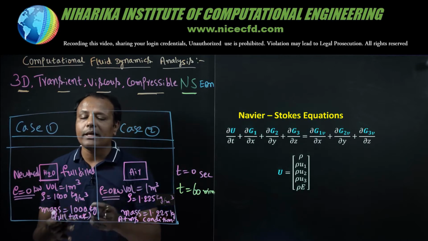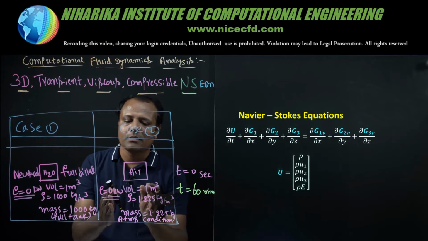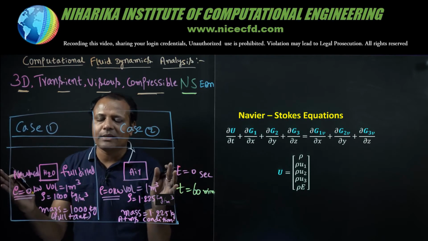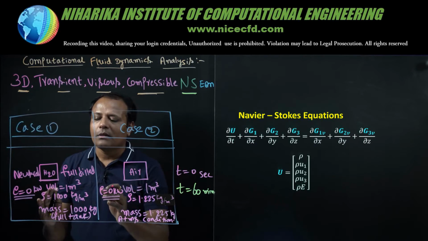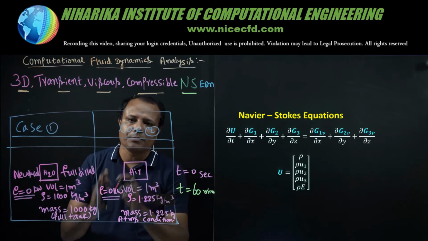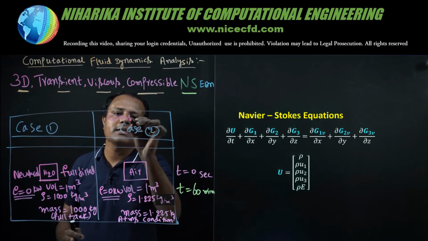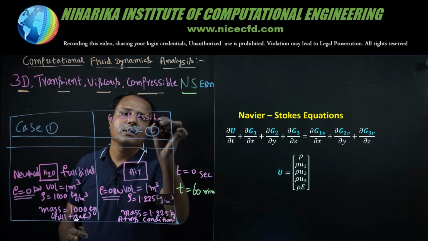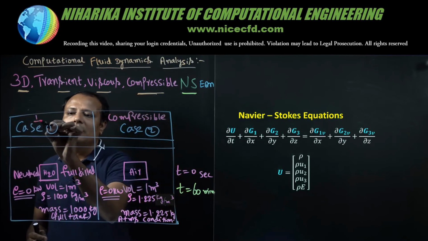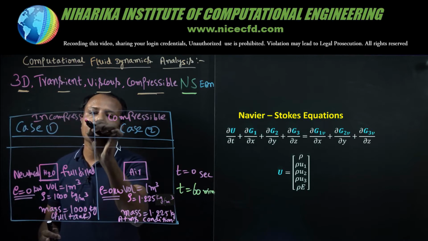So at time t equal to 0, both my experimental setups are filled to full tank capacity. The energy stored in both tanks is 0. Case 2 is compressible, it is a compressible fluid. In case 1, water is an incompressible liquid.